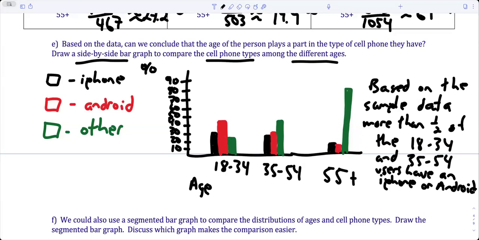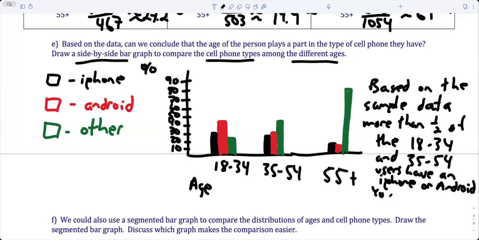And so I also said, okay, looking at the red bars there, younger users tend to prefer Androids slightly, maybe.